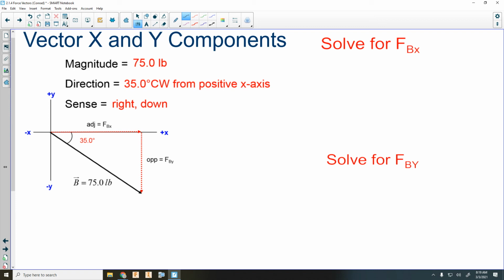Baby steps here. So, solve for F_Bx, the force of B in the x direction. Well, if we use the shortcuts, that's really easy, right? The shortcut is not on your formula sheet. What's the formula? We just copied it down.